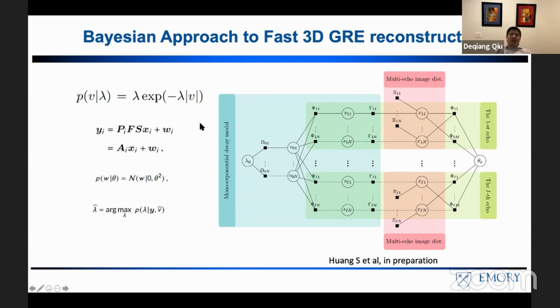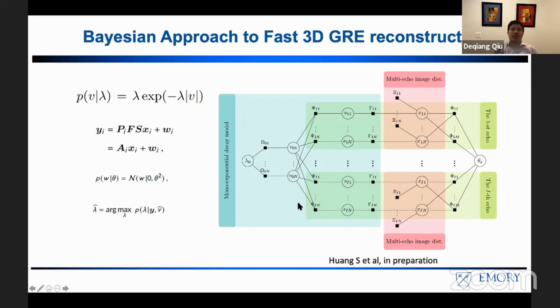We impose a Laplace prior on the wavelet coefficients of the images, and we estimate the lambda automatically. Unlike a popular L1 norm-based reconstruction, we estimate the lambda automatically. And so that's one novelty of this algorithm.